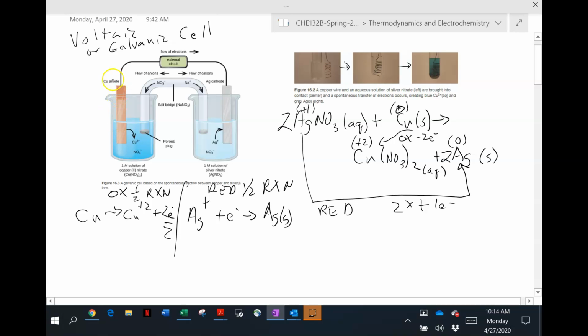They go through the copper metal and through the wire, through either something exploiting the electron flow or just a voltmeter telling us the voltage. Eventually those electrons get to the silver ions over here and combine with them to create silver metal that plates out on this electrode. That is a silver cathode.